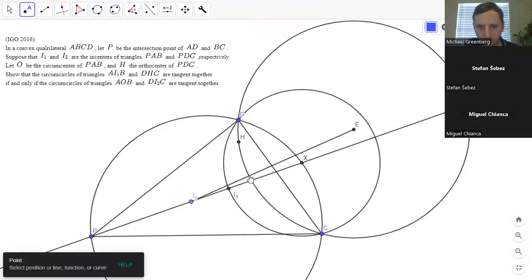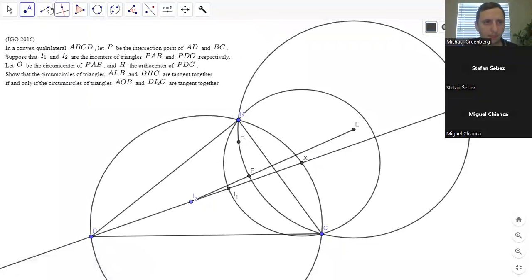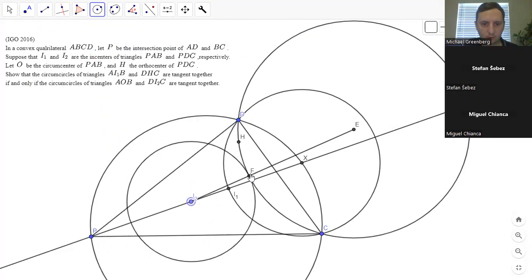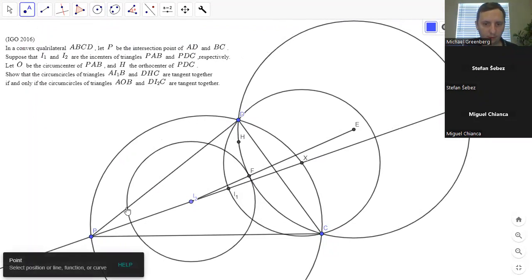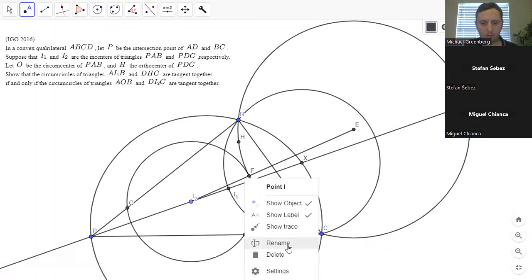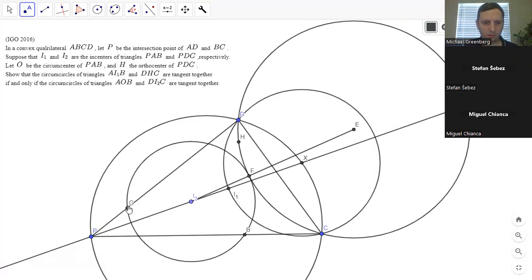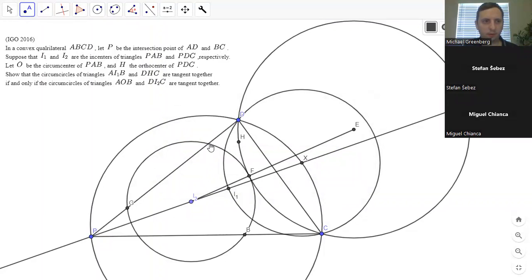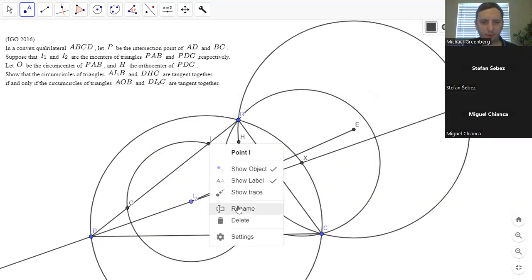basically, so we're going to do it like this. And then we could make like this A and this B maybe. So we could call this A and this B. I think we want this to be A, right?